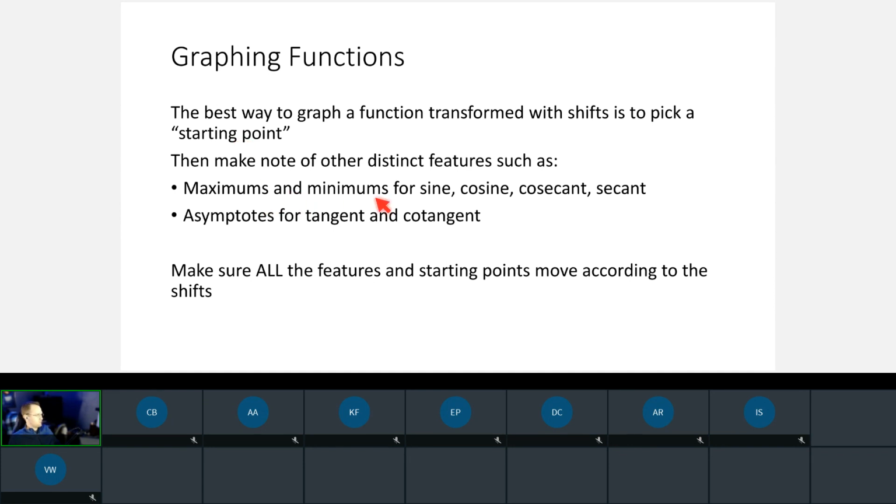So max and mins for sine, cosine, cosecant, secant, and then graphing the asymptotes for tangent and cotangent. I like doing the asymptotes with tangent and cotangent along with, if possible, the point where it crosses the x-axis. So for tangent, it crosses at the origin, and you can graph those in GeoGebra to see those. And we'll do some. So going from those, and once you have your shifting rules, you just shift the asymptotes and those points accordingly.